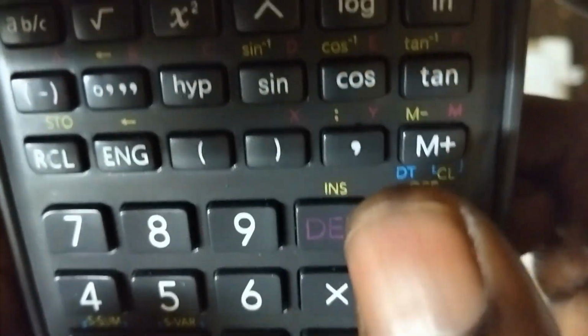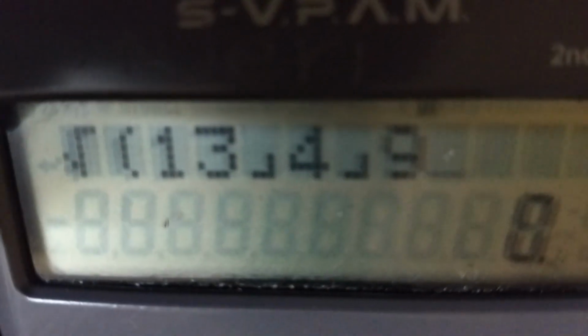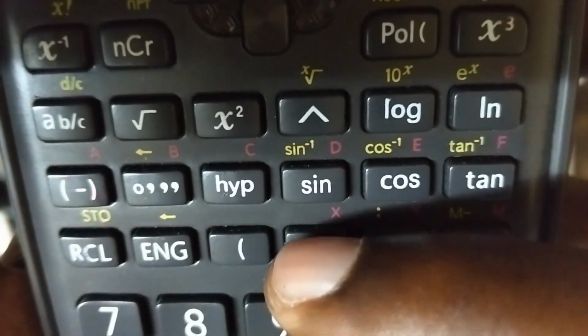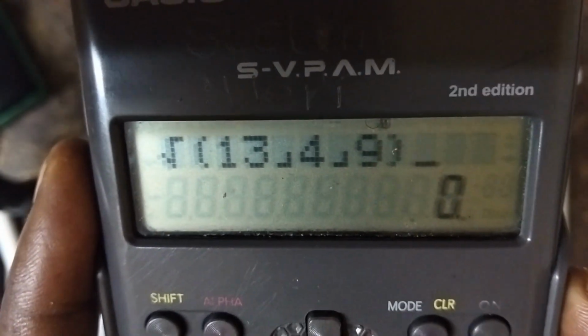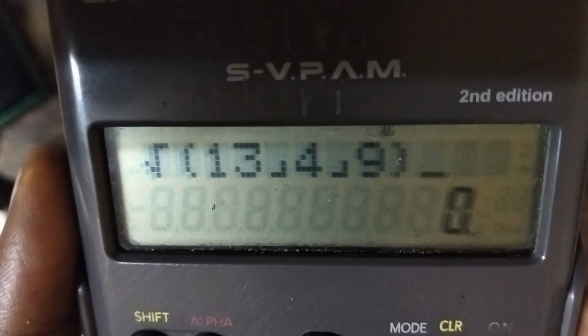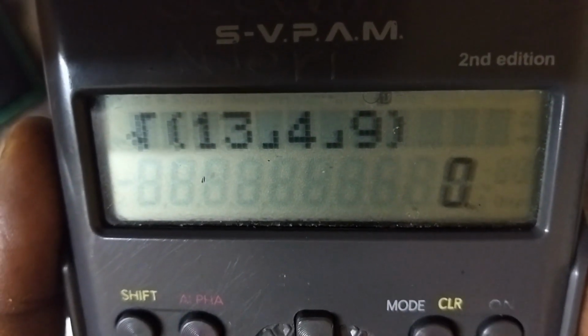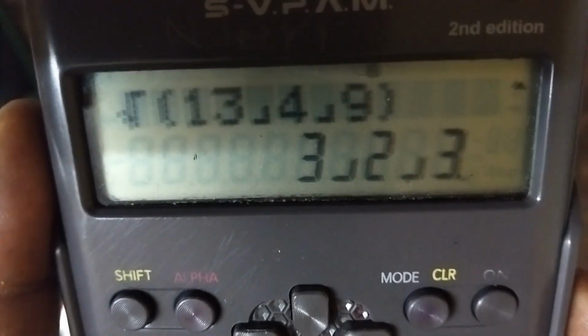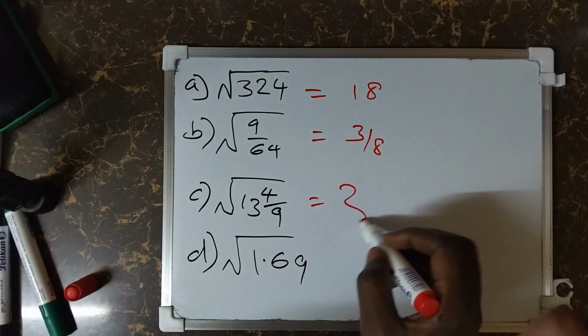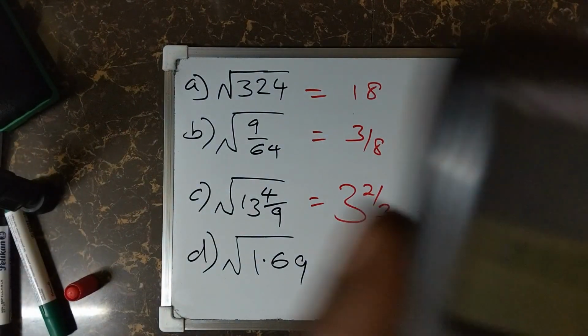And then we close it. Now this is the square root of 13 and 4 over 9. Let's press the equal sign to see the answer. The answer is 3 and 2 thirds.